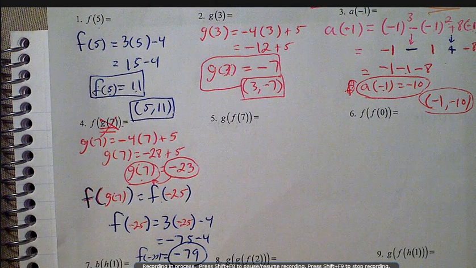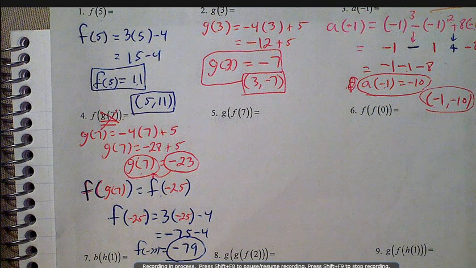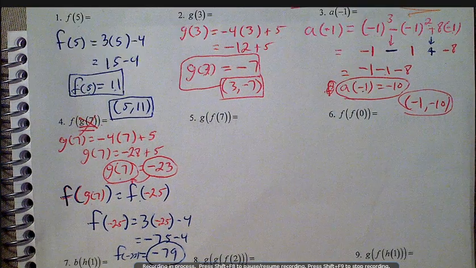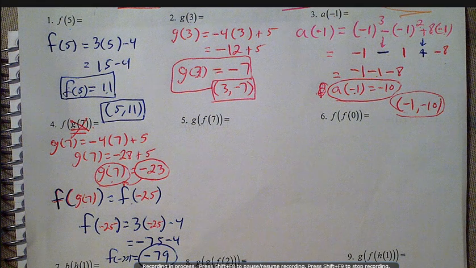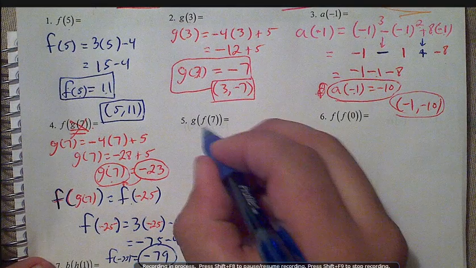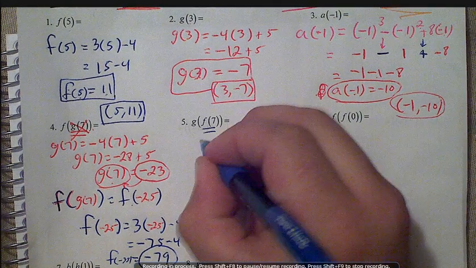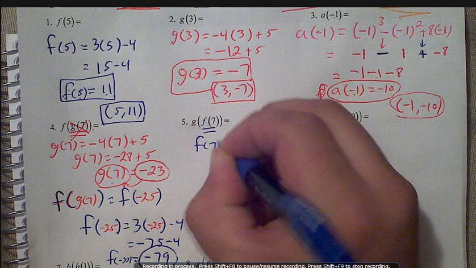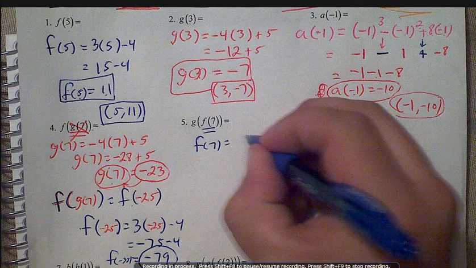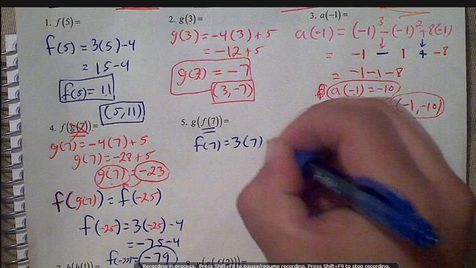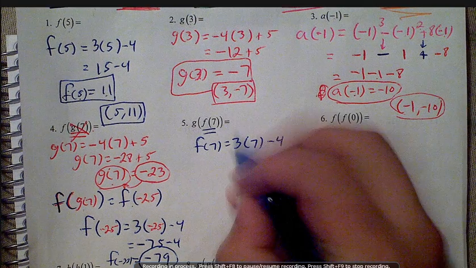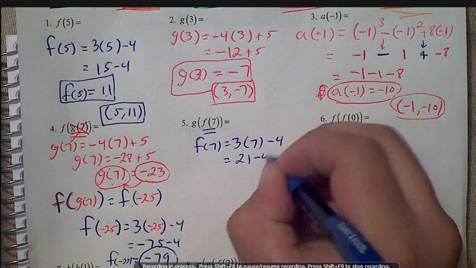Okay, number 5, g of f of 7. The same thing. What we're going to do is we're going to find f of 7 first, and then substitute into the g function. So I want to find f of 7, substitute 7 in for x into the f function, and you get f of 7 equals 17.